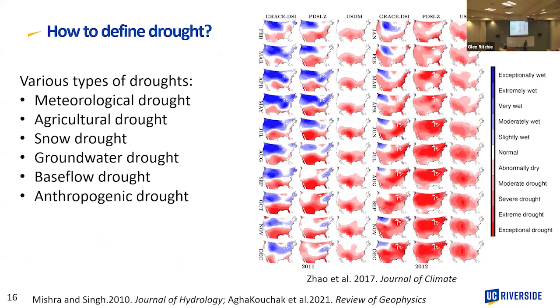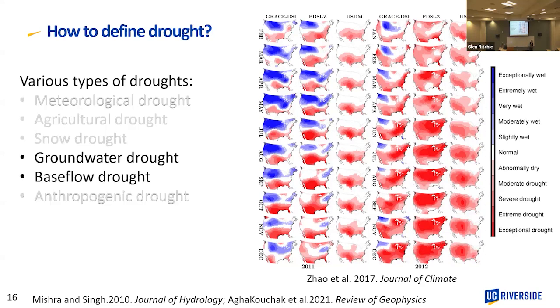As you can see from the figure here, depending on the type of index that we use, the spatial distribution of the drought patterns would be very different. I don't have a solution for it, but one thing I can advocate is that we always need to be very clear about the type of index that we use to characterize these droughts.